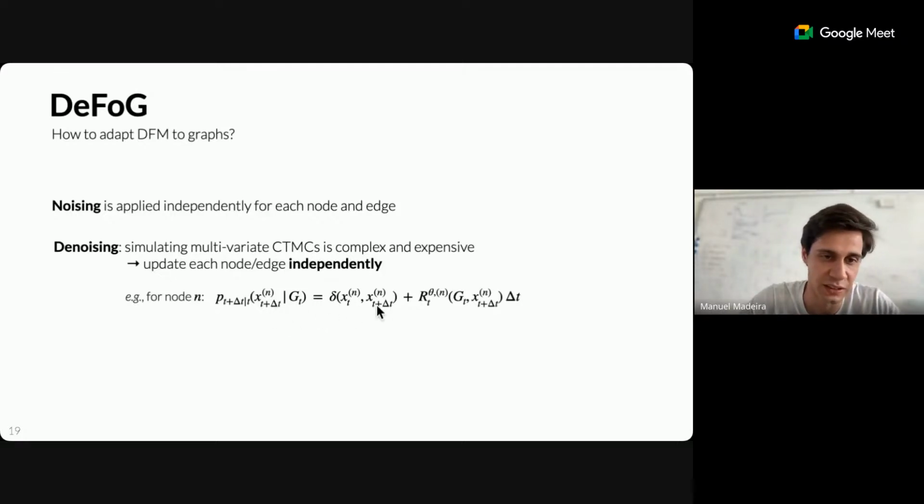So basically, again, I have this delta on the state where I was, and I have a rate matrix. And again, I'm abusing the notation here. But what I'm saying is that for the computation of this rate matrix, I can have a look at the full graph. And then I will use this full graph to have a prediction. And this will be computed again to have my update for the next time step for my specific node. So it might look a bit blurry at this point, but I hope it will become clear in the next slides.